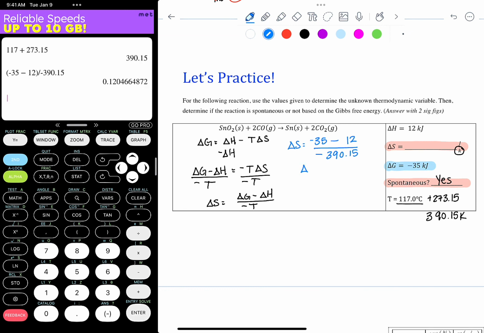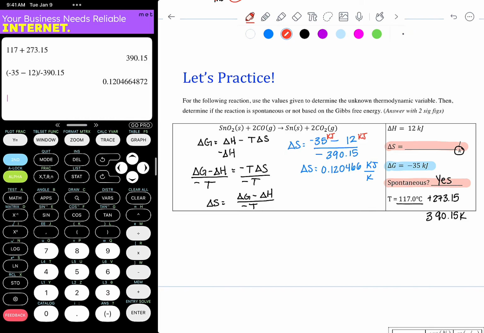And we get a delta S of 0.120466 kilojoules per Kelvin. Because our units for delta G are in kilojoules and our units for delta H are in kilojoules.